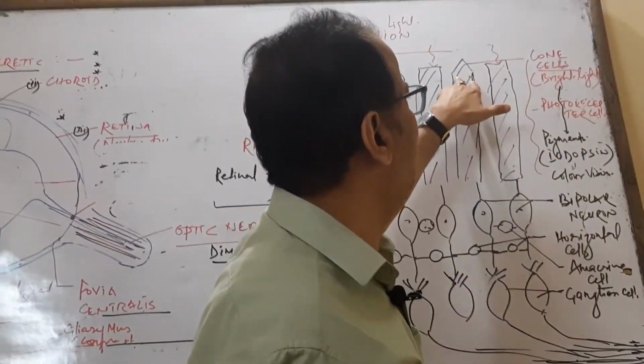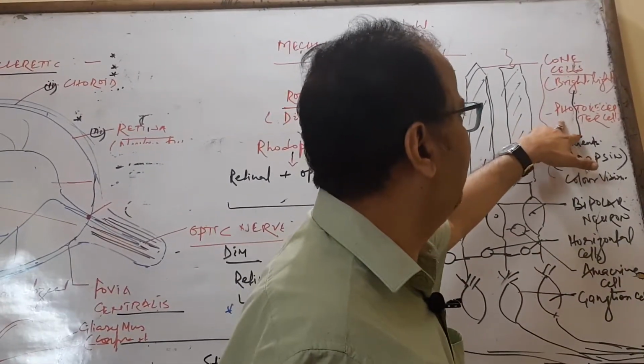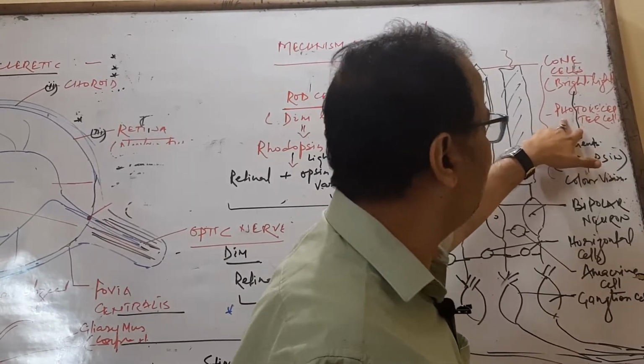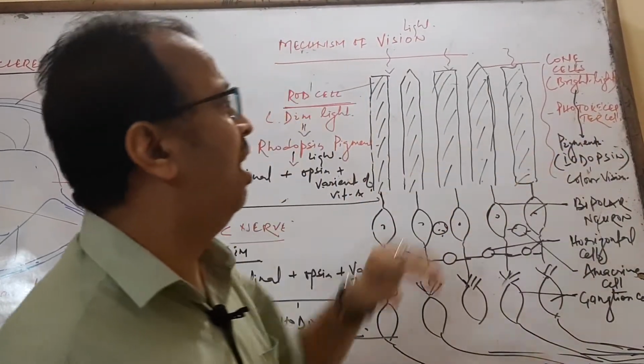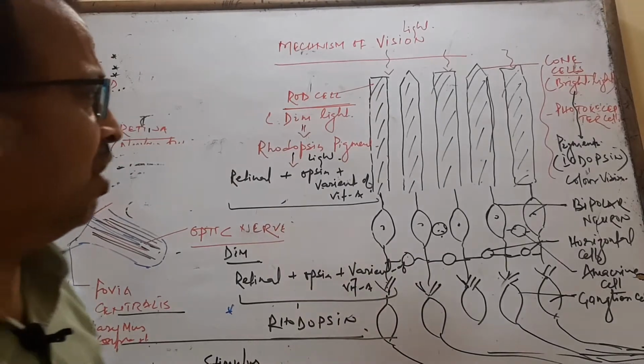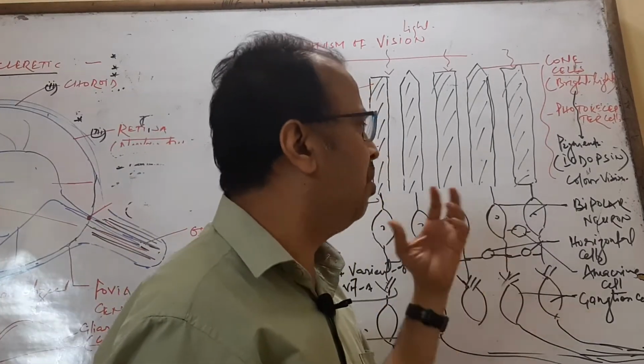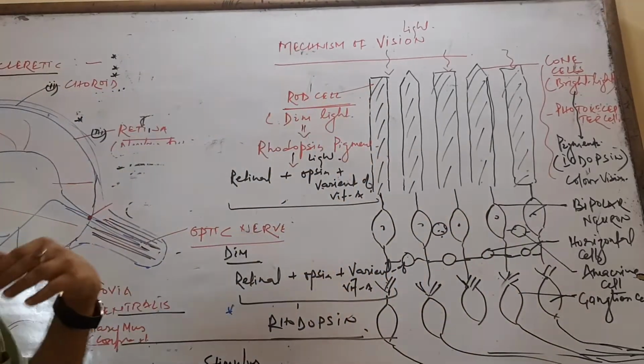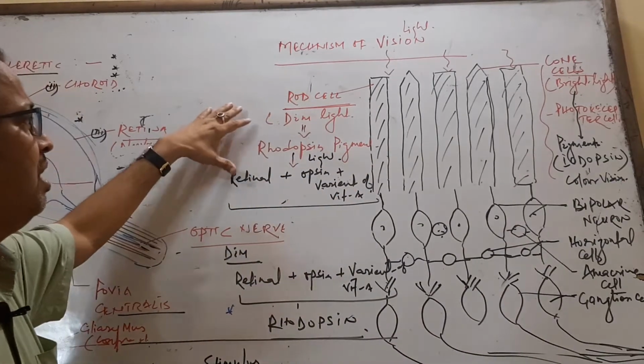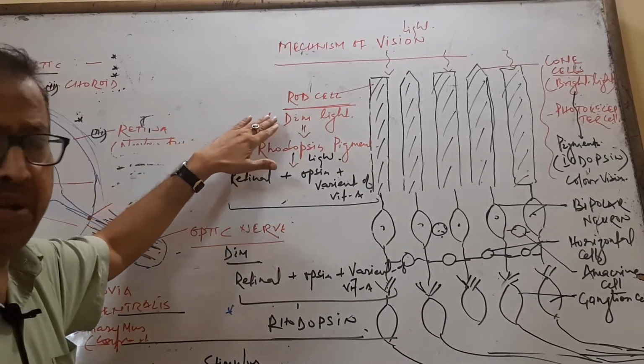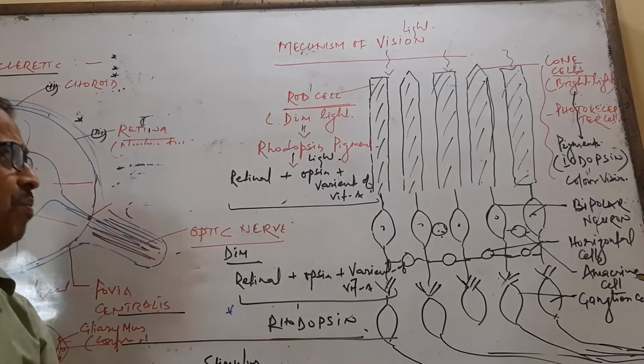This is the cone-shaped structure, which also helps in color vision and contains a pigment called iodopsin. Rod cells are responsible for dim light vision and contain the pigment rhodopsin.